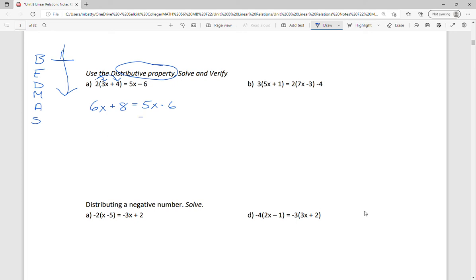So I'm going to pick on my x terms first, subtracting 5x from both sides, because that's what gets rid of it on the right there. 6x minus 5x is 1x. I'm going to copy everything else down. I'd want the numbers on the right, so subtracting 8 from both sides gets rid of it on that side where I want just the x, and that tells me that x would equal a negative 14.